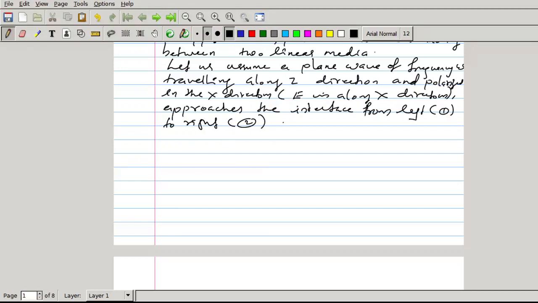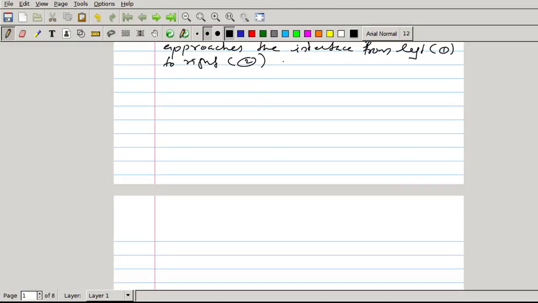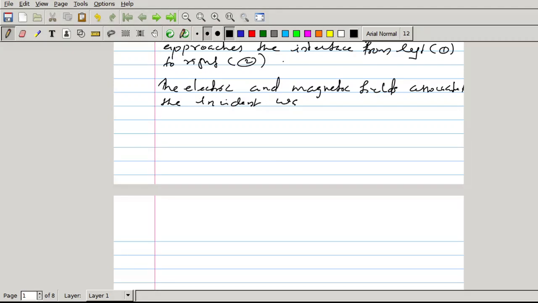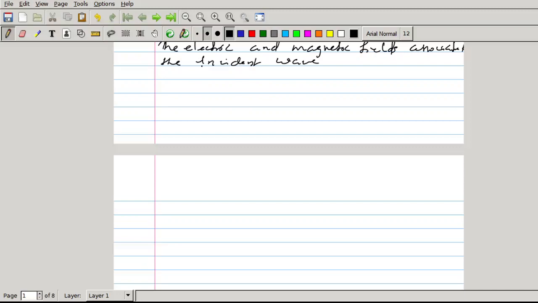The electric and magnetic field vectors associated with the incident wave, the incident plane wave. It is a plane wave, propagation is along z direction.